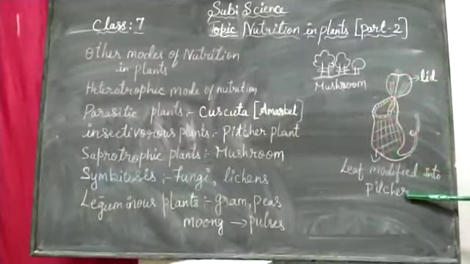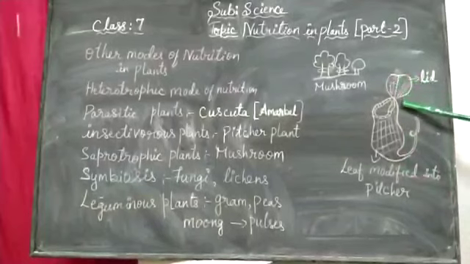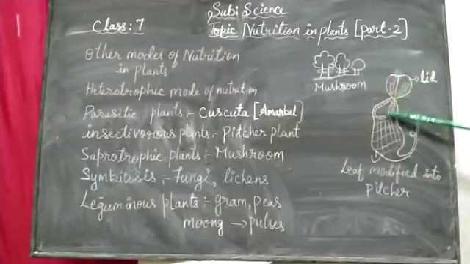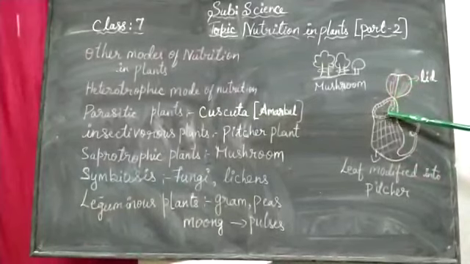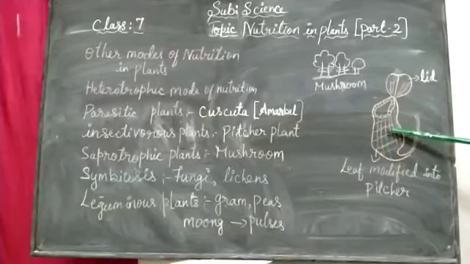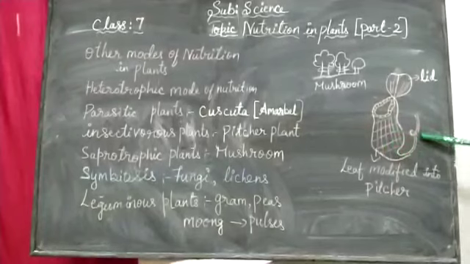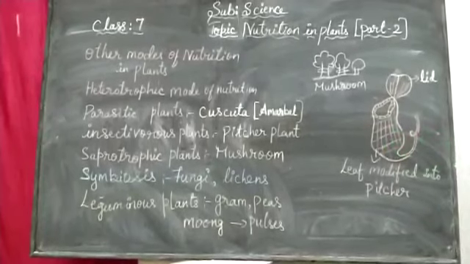What happens here is the insect will stick to this lid. The lid is going to be closed and that insect is stuck here. Then all the nutrition that insect had, the plant will use.